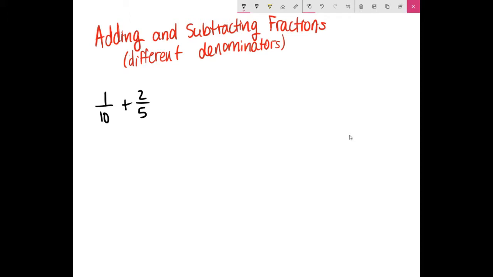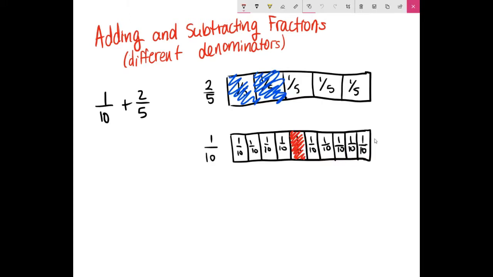Well, let's see, 1/10, 2/5. 10 is a multiple of 5. Let's look at images that match these fractions. As we can see, we're trying to add a small piece, 1/10, to 2 big pieces, 2/5, and these pieces just won't fit together because they're different sizes.